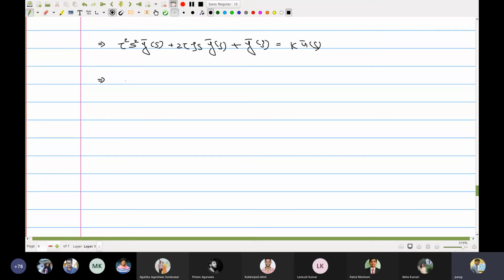So I can write the generalized transfer function G of s as k upon tau squared s squared plus 2 zeta tau s plus 1. Okay, so this is the general transfer function of the system, right?